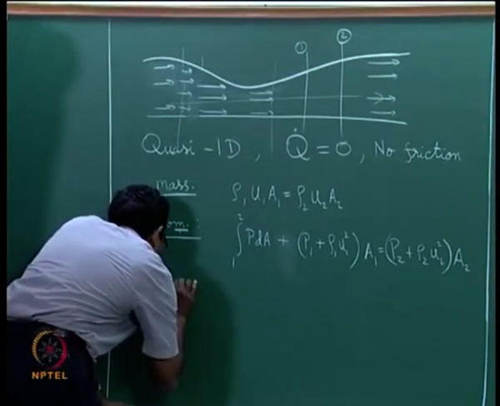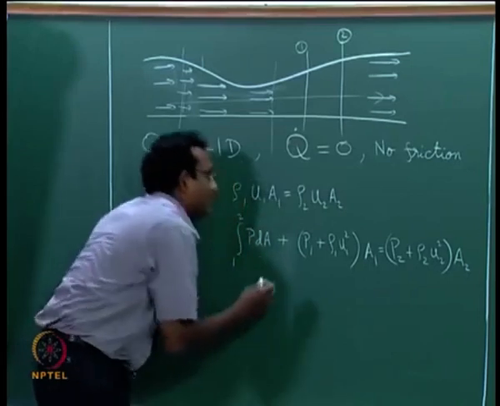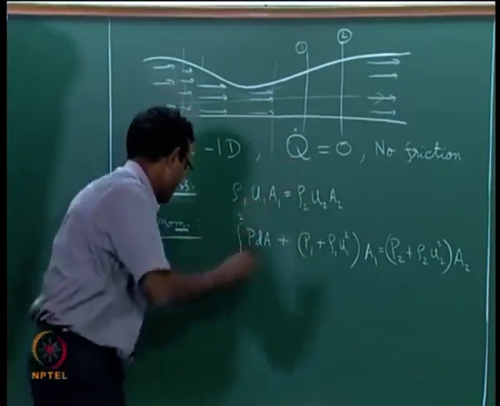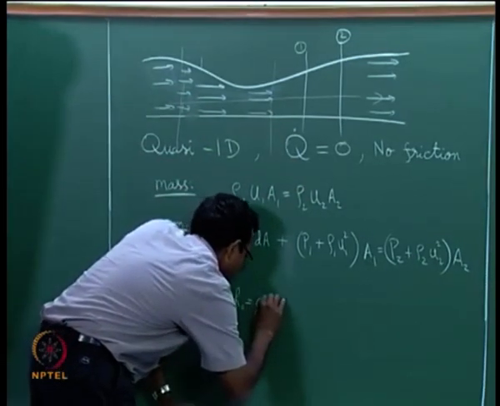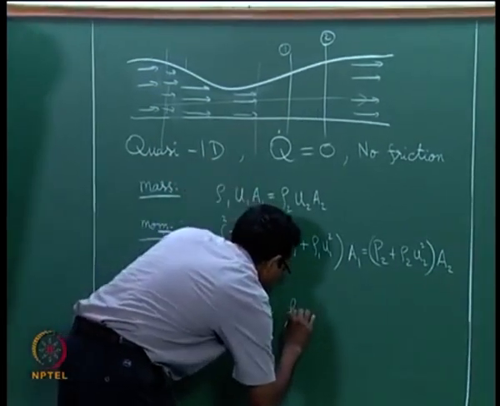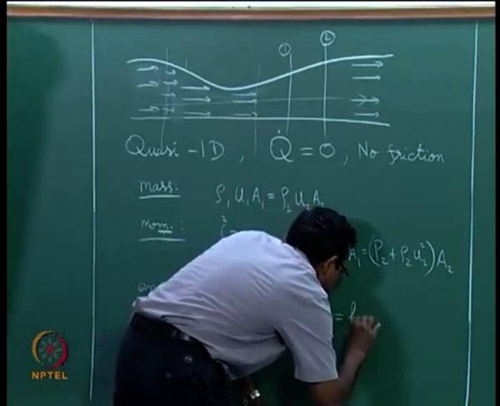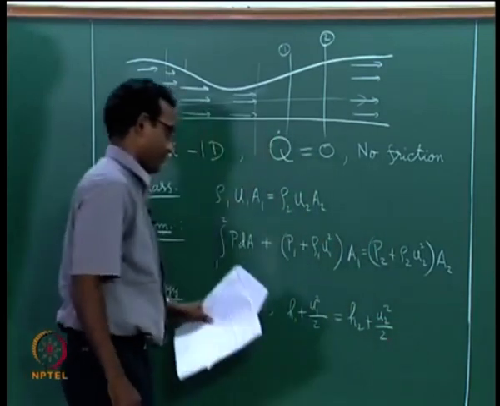Energy, this is going to be similar because we said heat transfer is not present, so it is going to be H naught equal to constant, but writing in an expanded form it is going to be H1 plus U1 square by 2 is equal to H2 plus U2 square by 2.